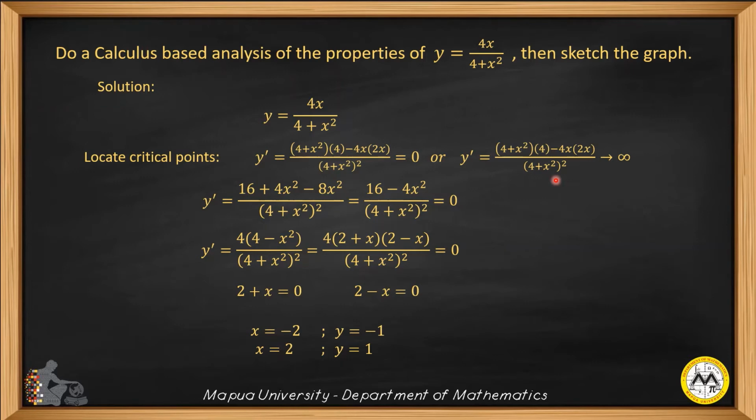So when x is given by plus or minus 2i, we cannot possibly plot the point on the Cartesian plane. So the case of y prime with an undefined value would result in x values that are imaginary and therefore cannot be plotted on the Cartesian plane. So the only critical points that we have here are points where x is -2 or x is equal to +2.